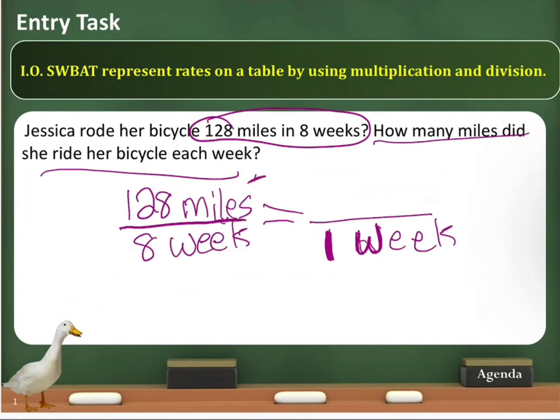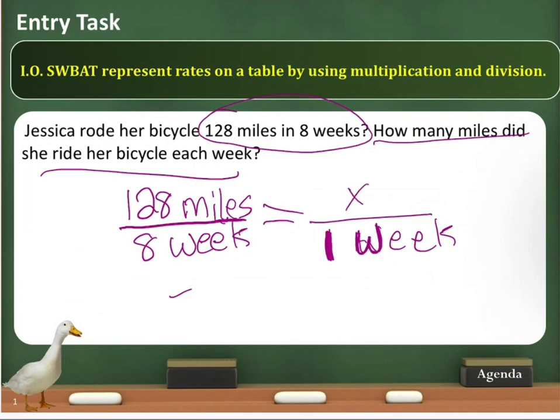We have miles, that's distance or length, and we have week, and that's time. Those units of measurement, because there's two of them, it's a rate. Two units of measurement are being compared. Okay, so now we want to find out how many miles are in 1 week.